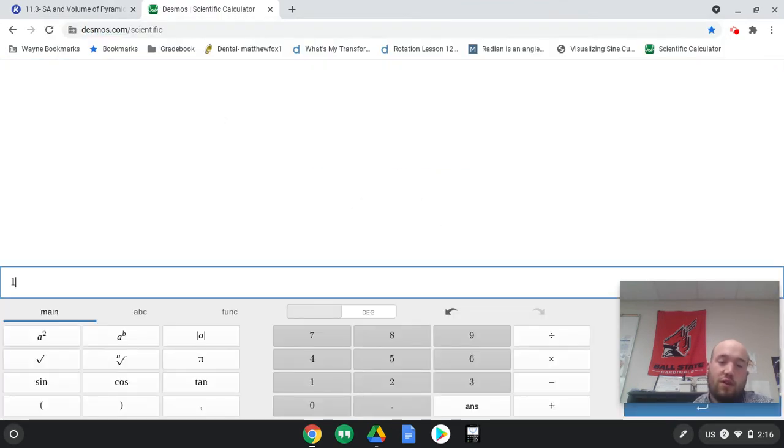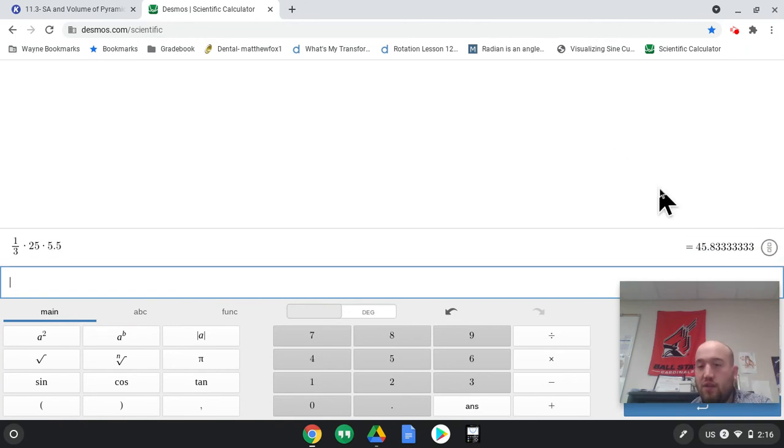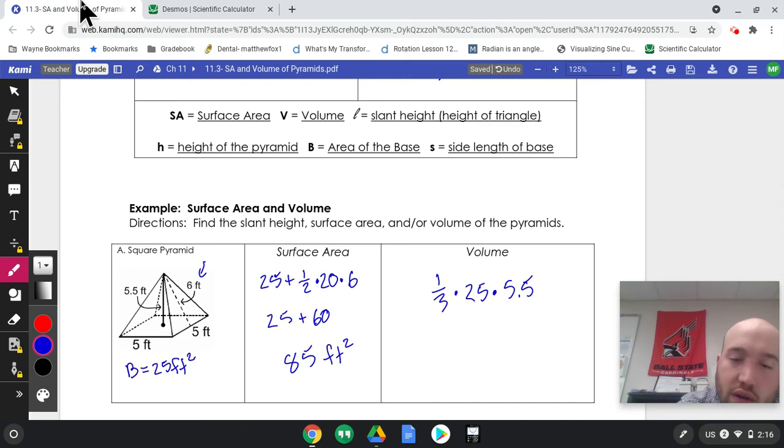And we do 1 divided by 3 times, we said 25 times 5.5. Hit enter, 45.83 repeating. So if we round, it'll be 45.83. Remember, it's volume, so that'll be feet to the third.